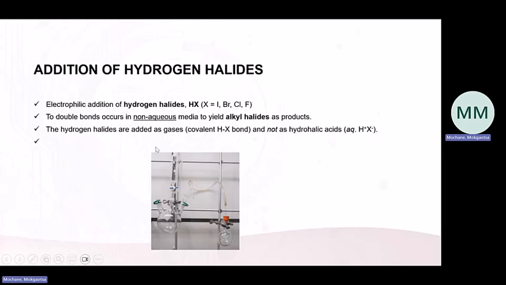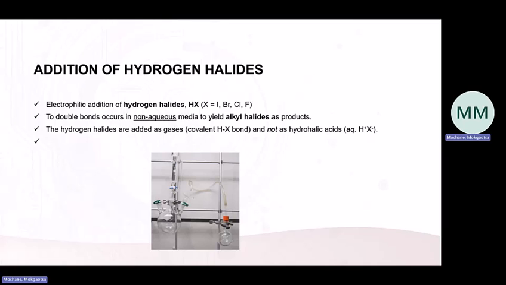So basically, the hydrogen halides are added as gases into the alkenes. They are not undergoing what we call hydrohalic acids. No. They are basically added as gases. Please take that into consideration. They have the type of bond that we are well known of, a covalent bond, HX.